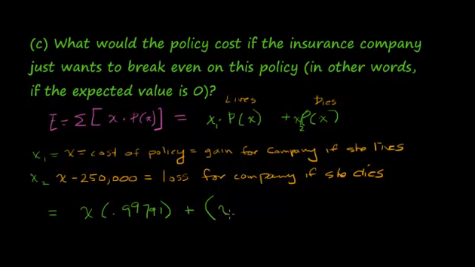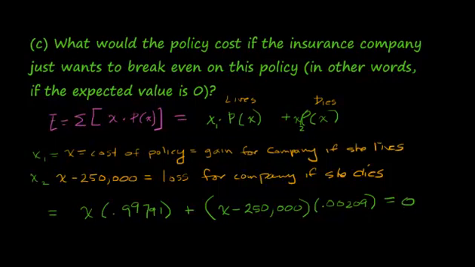Well, now we have this loss if she dies. The insurance company has to pay, but they get to keep the $620, or whatever this number is. We're trying to determine how much it should be. And that times its probability. This is the probability that she dies. We had already calculated that. And we're saying, what if that equals 0?